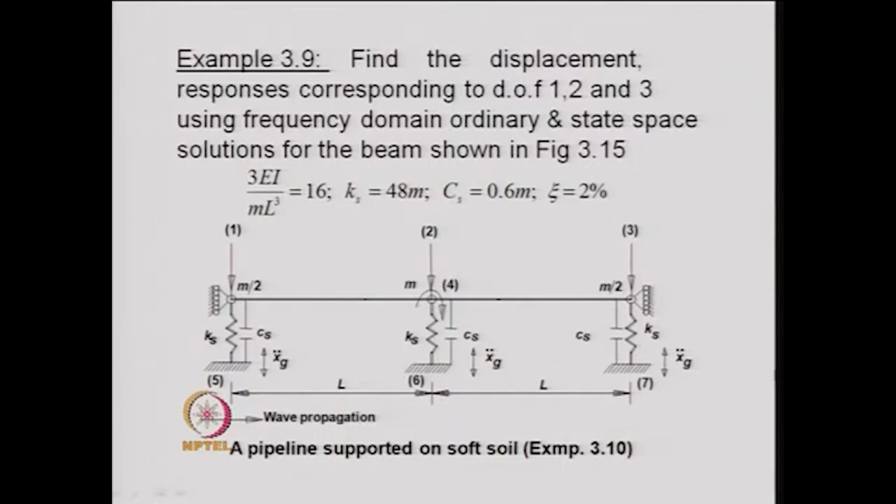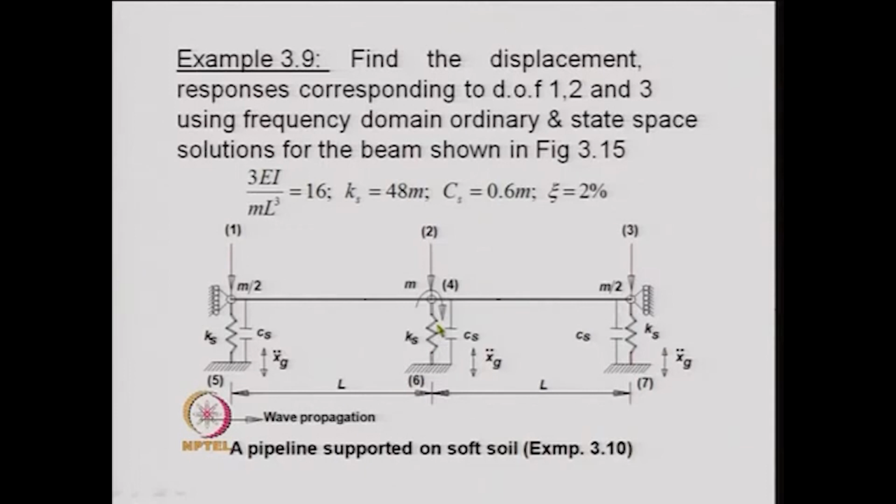So, at these three supports we provide the equivalent spring and dashpots for the soil, and these are the masses which are lumped at these three points, and we have got 3 degrees of freedom in the vertical direction 1, 2 and 3, and a rotation here.